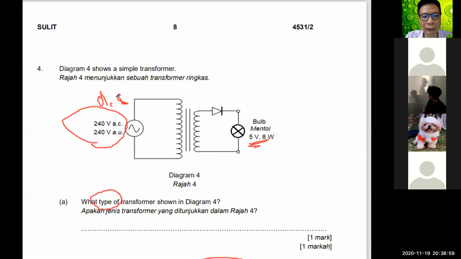AC means that the current goes in two directions, keeps changing direction. Now you change to DC. DC only flows in one direction. So what happened? Can a transformer work with DC? Can or not?